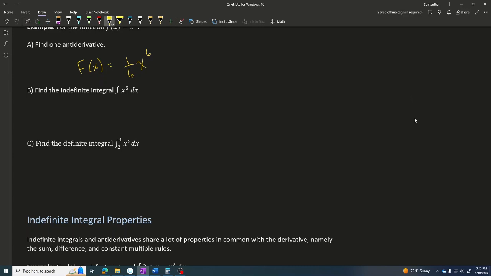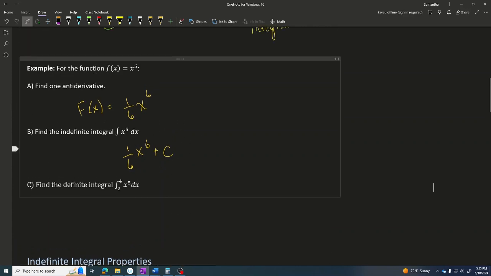And really, the only difference in practice between this and the antiderivative in part A is that the indefinite integral will have a plus c attached to the back to communicate that the antiderivatives can have constants here in the back, and no matter what constant you have in the back, the derivative will still be x to the power 5.